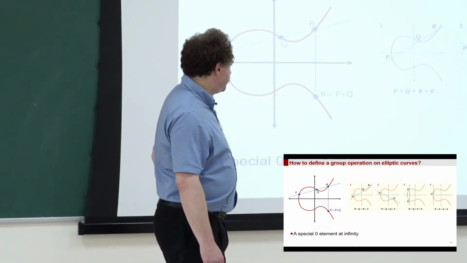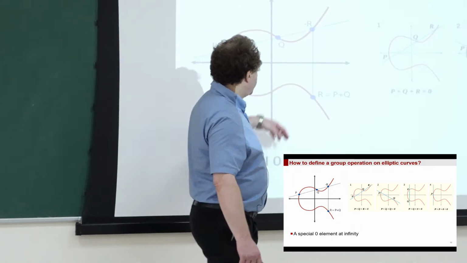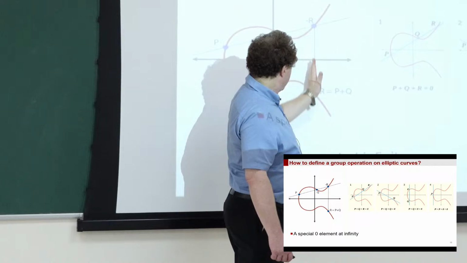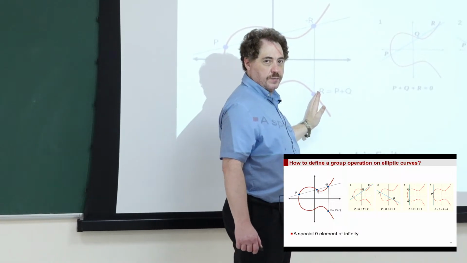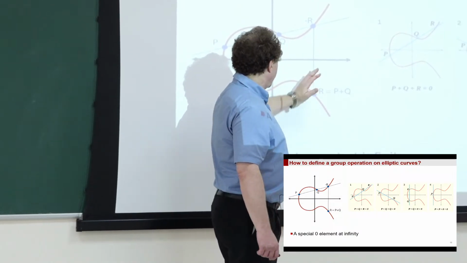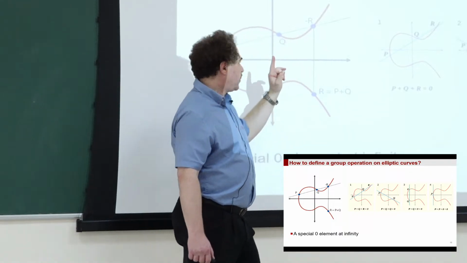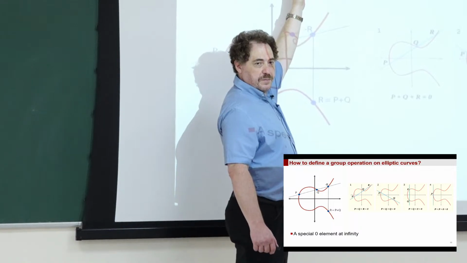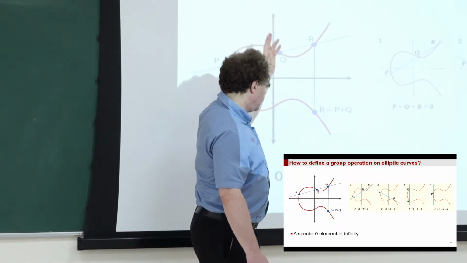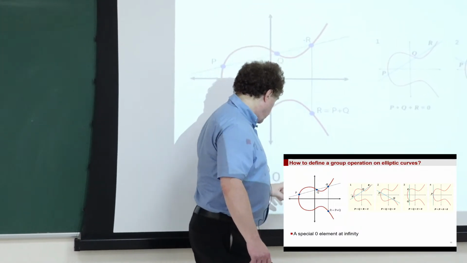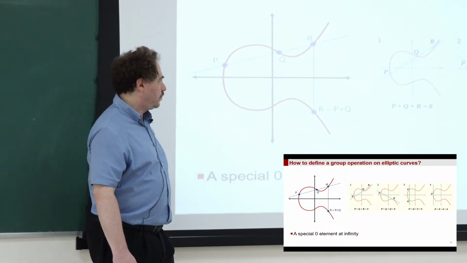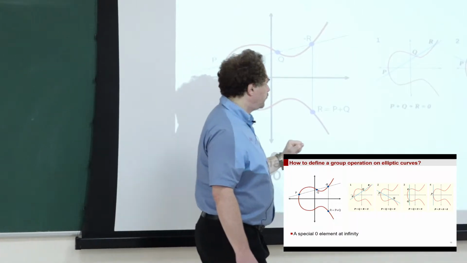So, for example, if it is R and R, so the curve would be like this, in this case there is no curve point. We imagine that there's one point at infinity, and we call this point 0. So that's a special point.